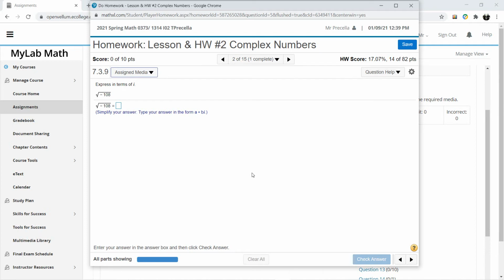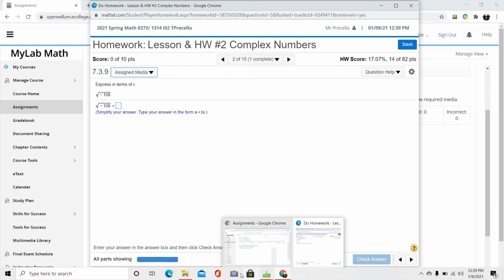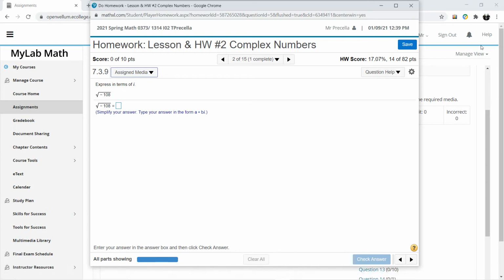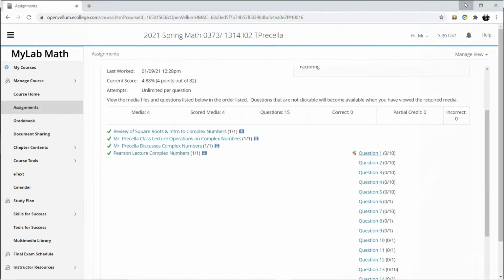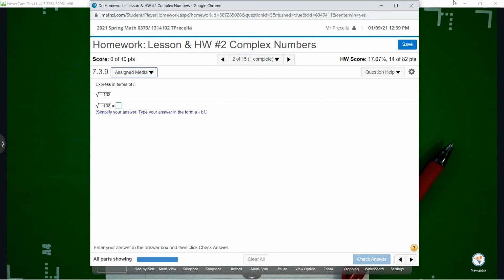Okay, and move on to the next one. This is problem number 2. Let me write it down. The square root of negative 108. Square root of negative 108. You know, I need to pull up my calculator. You can do it without a calculator, but I like having a calculator up for illustration purposes.